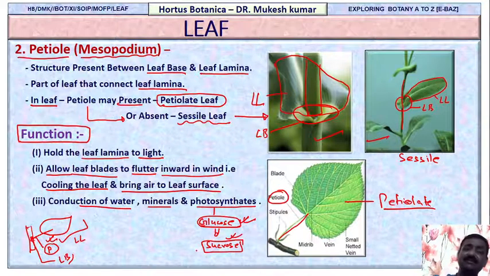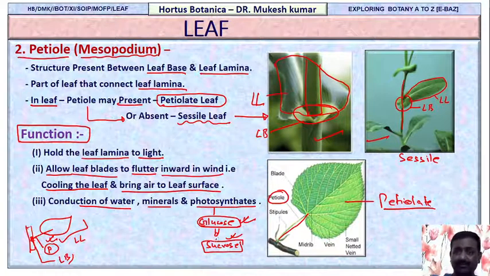So finally, they will move from the photosynthetic part, that is the production center, to the lower part where there is no photosynthesis, that is the consumption center. Water and minerals will also be conducted. Suppose here we have photosynthesis.